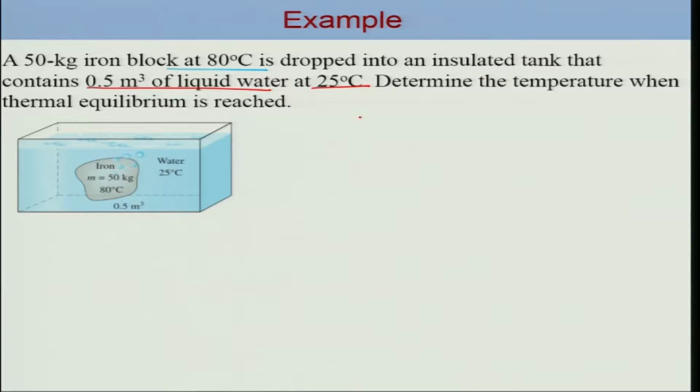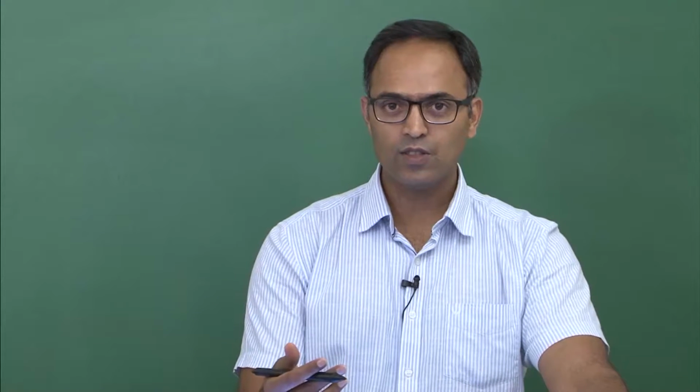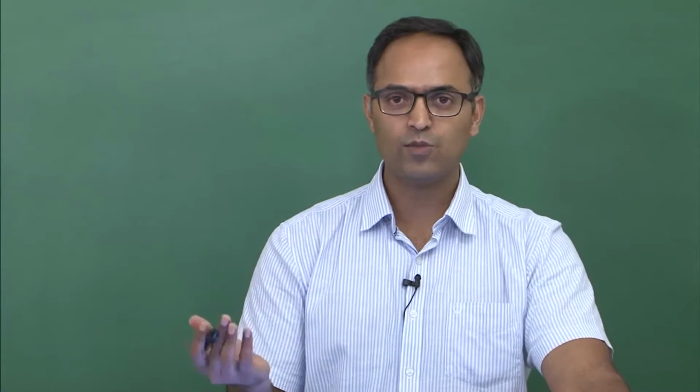We'll take the generalized energy balance, E in minus E out is equal to delta E system. Upon dropping the iron block, the system is insulated, so there is no energy provided to the system and no transfer of energy from the system.